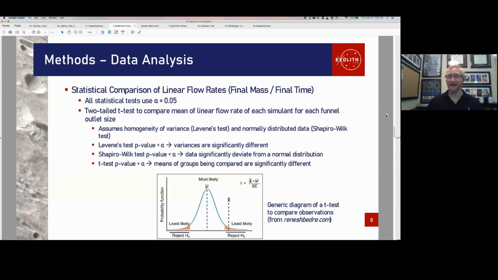But note that to be validly compared using a t-test, each group must be normally distributed, which we test with the Shapiro-Wilk test. The groups must also have homogeneity of variance, which we test with Levene's test. If these conditions are not met, then the t-test cannot be performed on the data validly. Next slide, please.